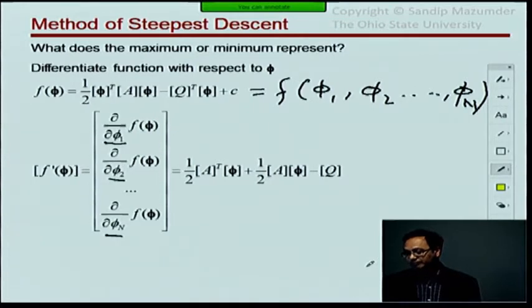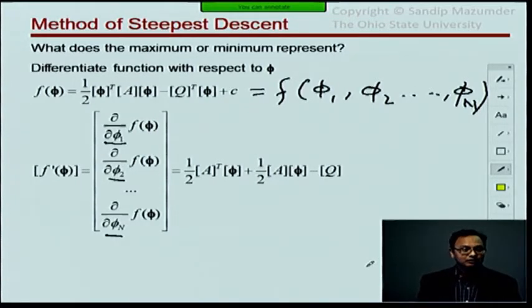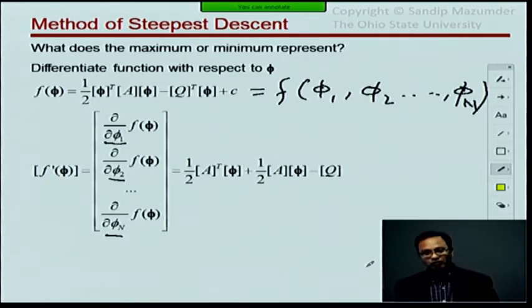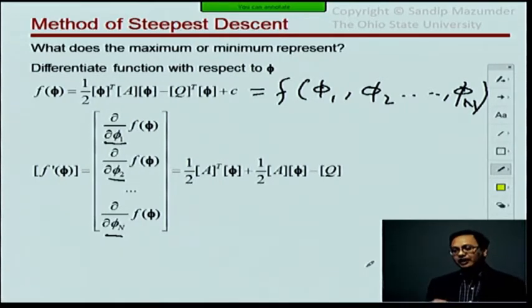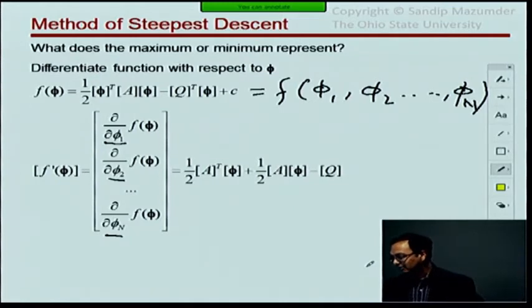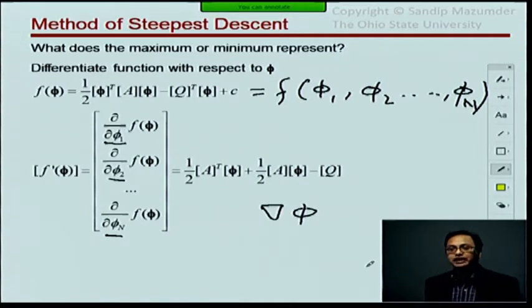Now just again a bit of review of math. If I have a scalar phi, and I do grad phi, this is the gradient of phi, and that automatically is a vector. Why?